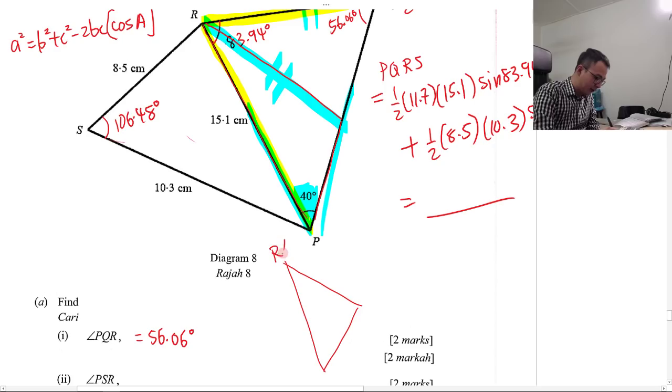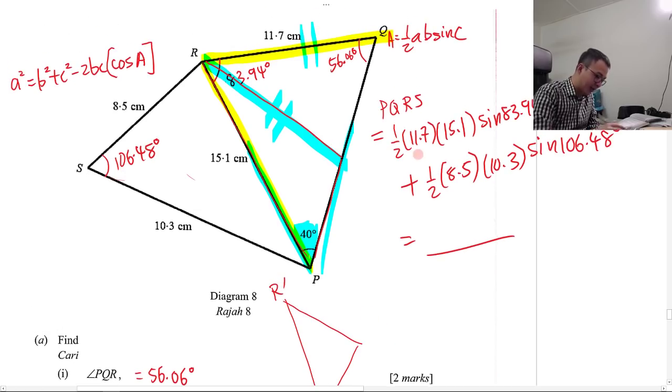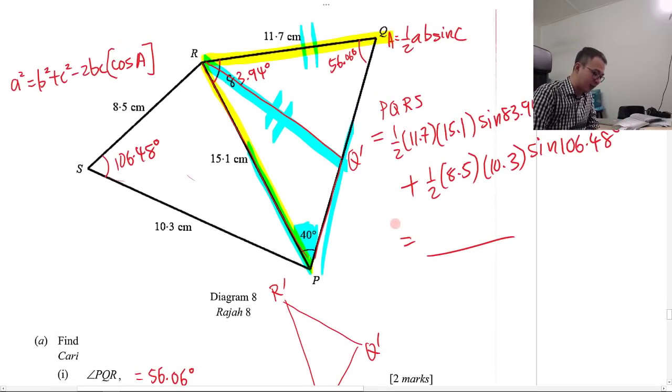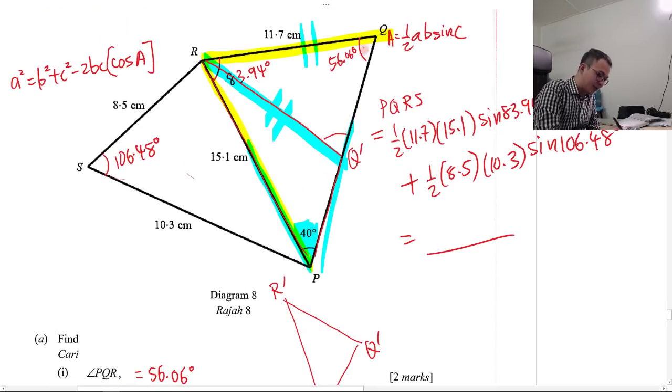This one should be my new triangle: the R, my P, and my Q is going to move here, right? So I'm actually drawing this triangle. Then I'm going to duplicate some angles here. Because this is an isosceles triangle already, these two angles must be the same, 56.06. Then I can get this angle easily.